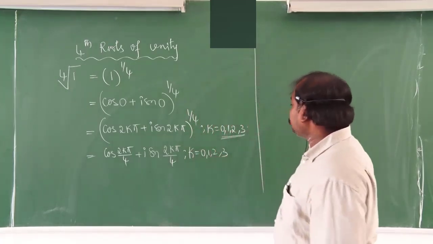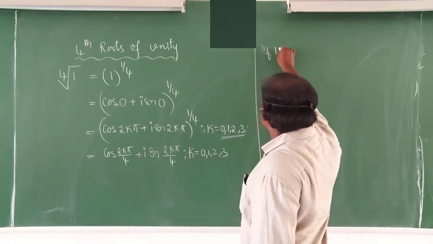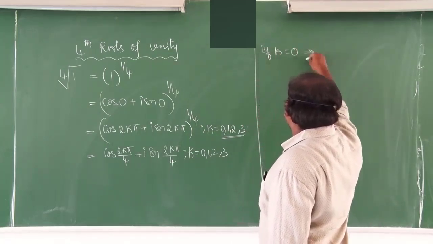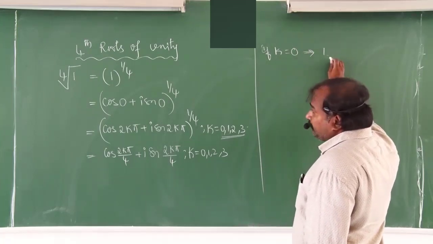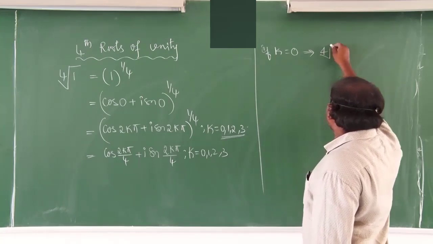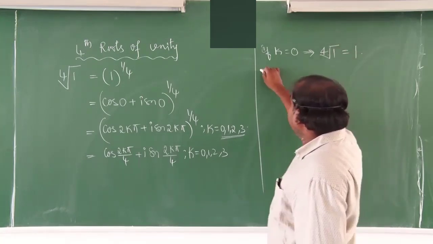Now if k is equal to 0, that implies the value is 1. That means the fourth root of 1 is equal to 1.